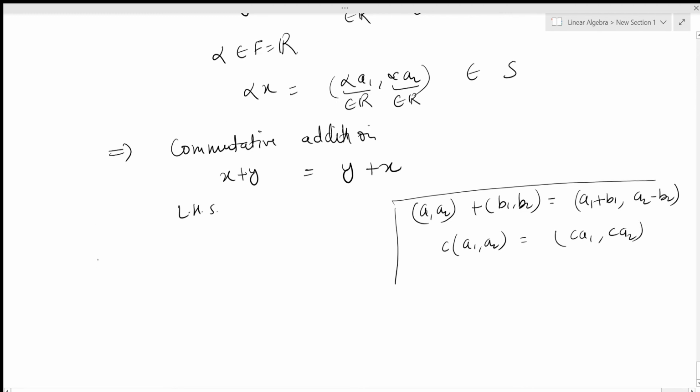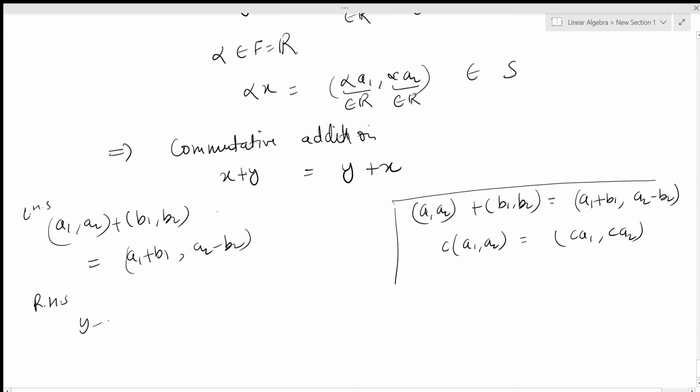So now we start with this commutative addition. Left hand side, x plus y, that is (a1, a2) plus (b1, b2), which is equal to (a1 plus b1, a2 minus b2). This is your left hand side. Now the right hand side is y plus x, which is (b1, b2) plus (a1, a2).